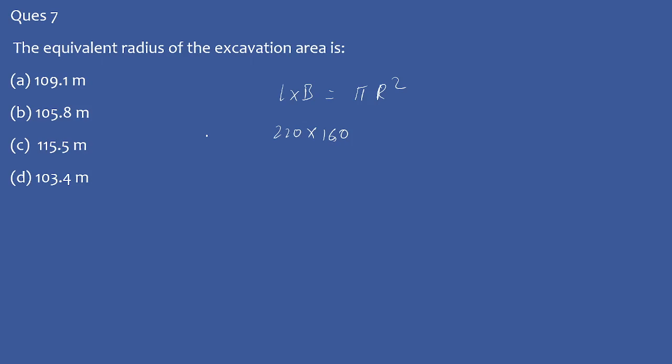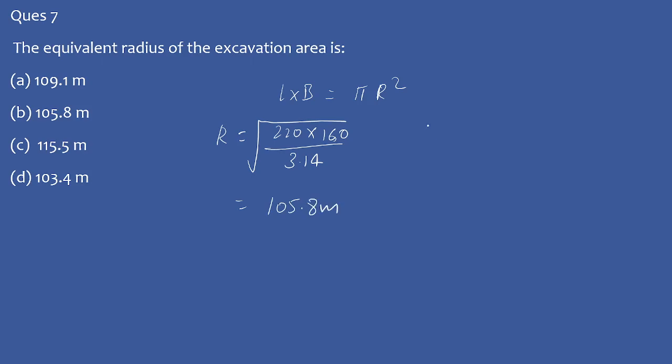To get the equivalent r, you divide by 3.14 and take the root. So the equivalent radius is 105.8 meter.